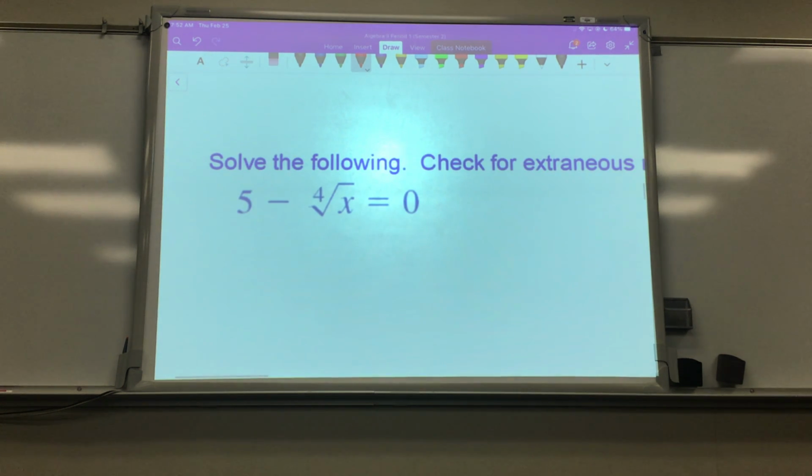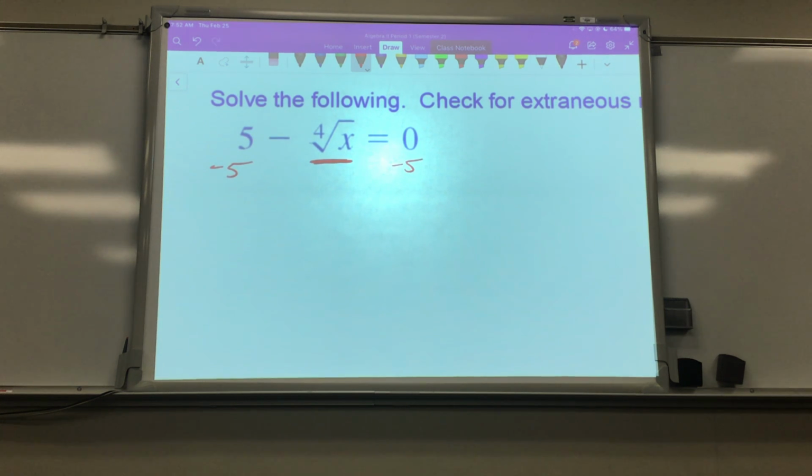Just like in the first lesson of this chapter, you always isolate the variable. Here we have the 4th root of x, and we need to isolate that. So we have to get rid of that 5. How do I get rid of the 5? Hayden? Subtract 5. Now, what do I have on the left side? Is it just the 4th root of x? Jessica?